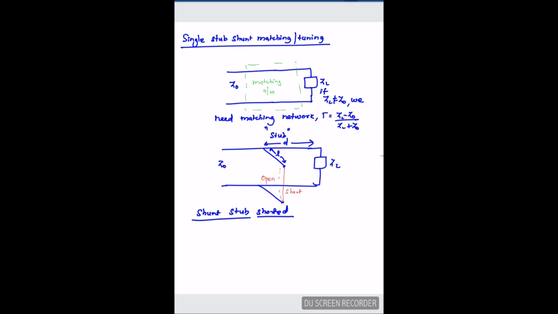For the series stub, quickly, how we can see it: the series type is between this Z0 and ZL. I will keep the stub in series, and again here I can keep it open or short.